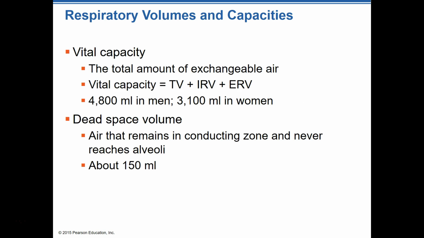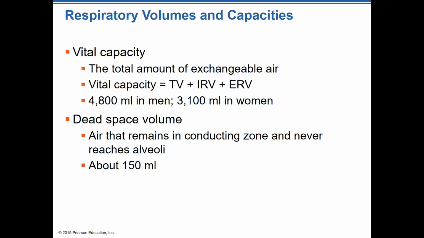So we can figure up a lung's vital capacity by taking those normal volumes and adding them together. In men, it's about 4,800. Women, it's about 3,100. Not real often do you see vital capacity being needed. And there's also some dead airspace, an amount of air that never actually reaches the alveoli.